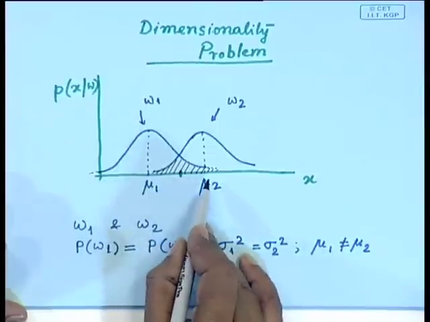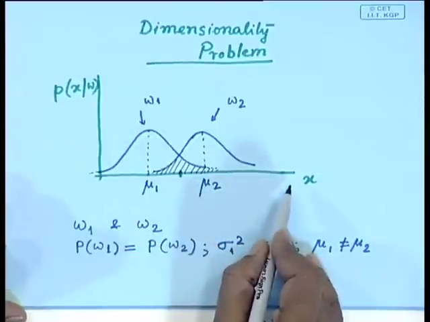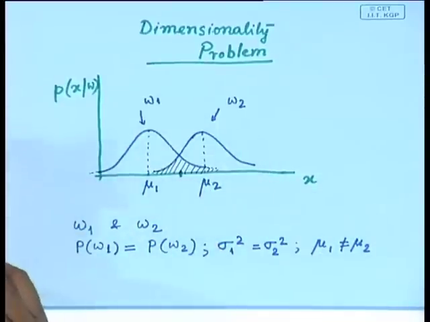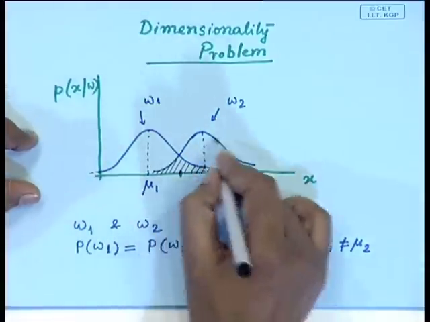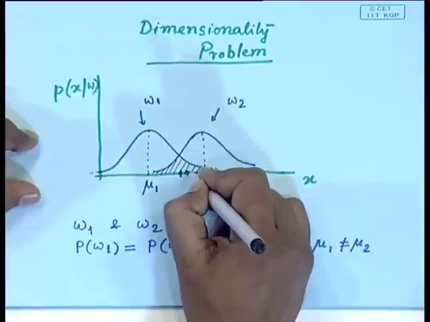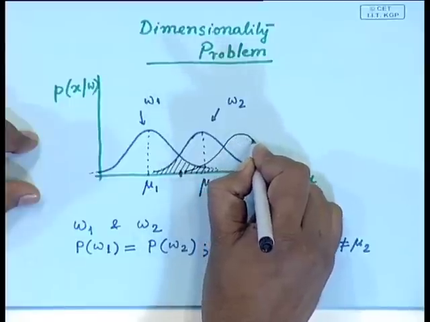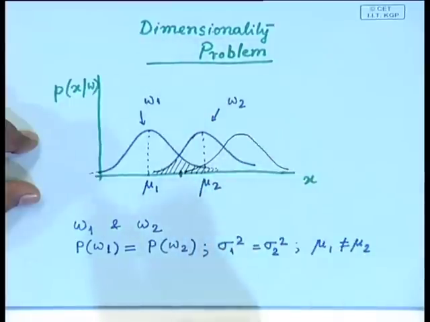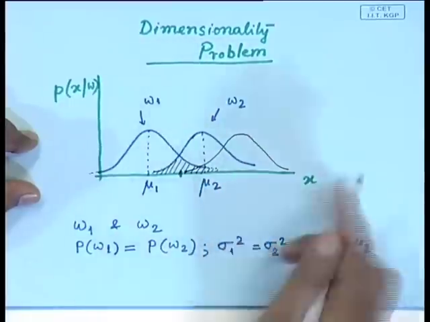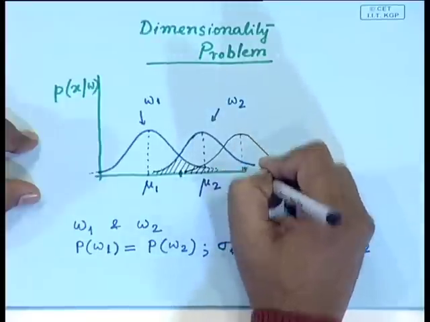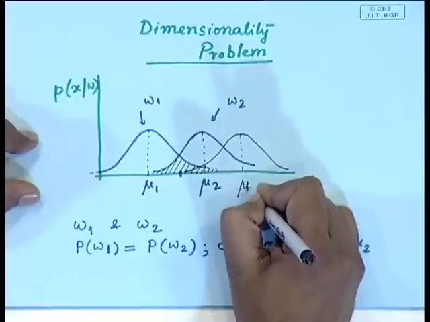Okay. Now, find that if I shift this mu 2, that is, instead of mu 2 being here, suppose for class omega 2 the probability density function is something like this. Okay. So, suppose this becomes my mu 2.